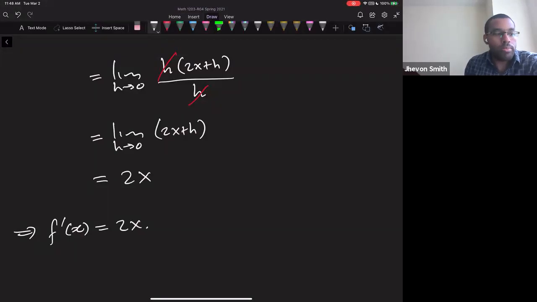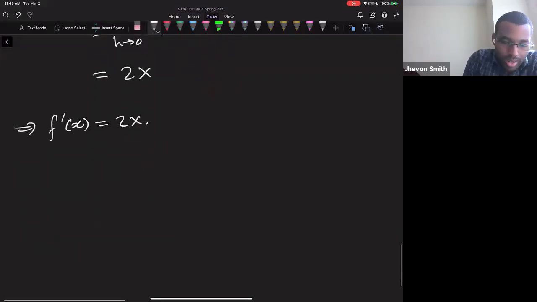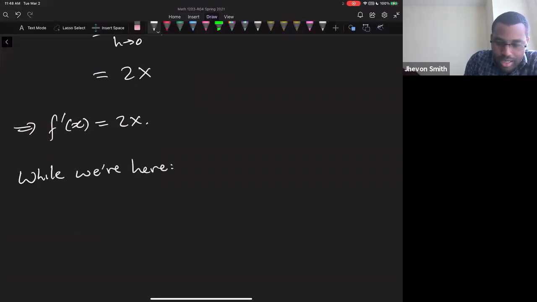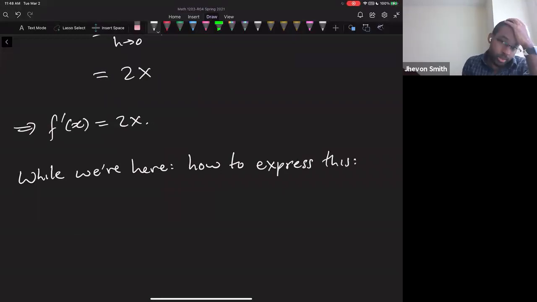Now, while we're here, let's talk about how to express this. There are a couple of ways. The first way is longer, and because I'm too lazy to write down a lot of stuff, I'm not going to use it very often.